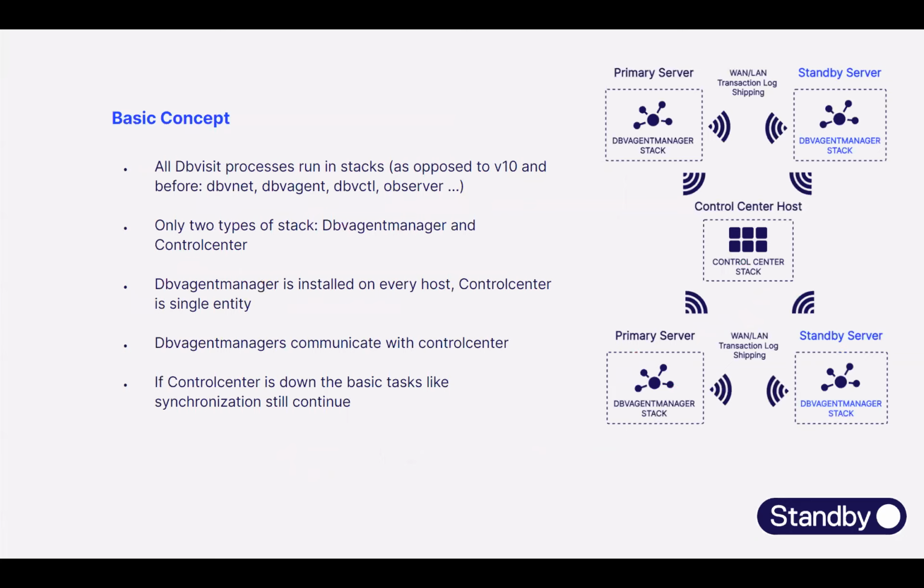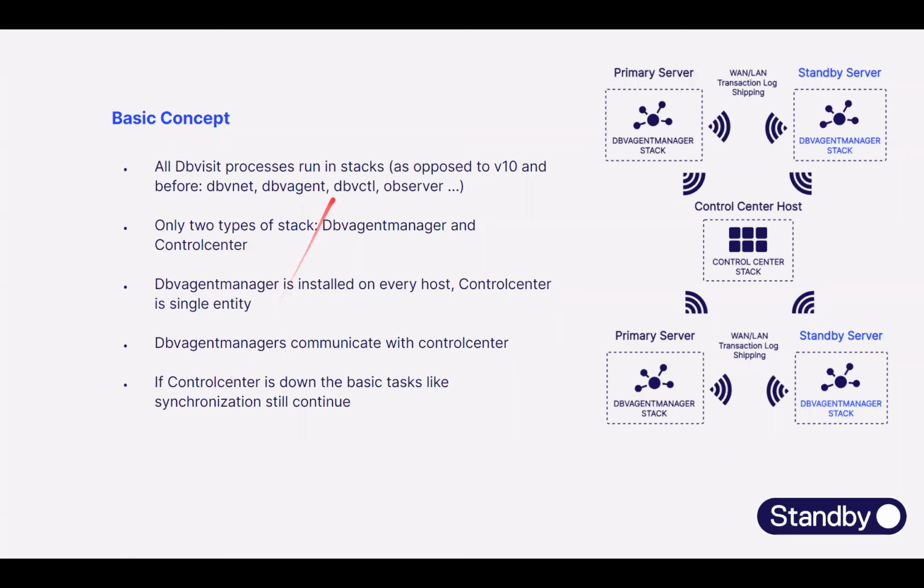So now let's move on to the basic concept of the product. Some of you may be familiar with our previous versions, version 9 and version 10, which were exclusively for Oracle. Version 11, we improved so that it's able to support Oracle and SQL Server as well. We also reworked the concept a little bit.